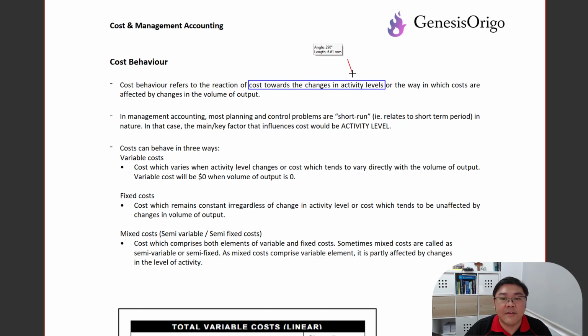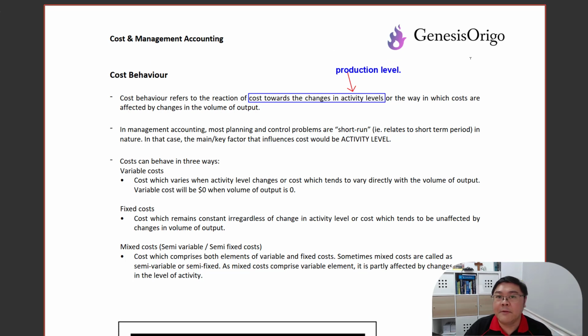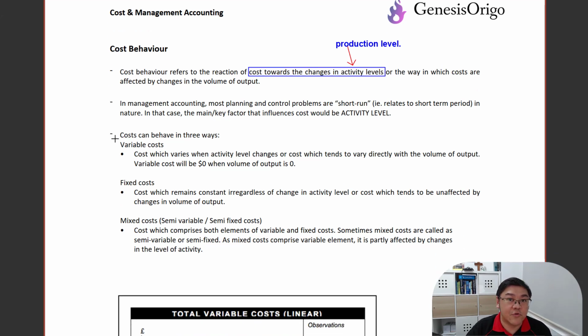You can try to understand that activity level is like production level. So we are basically asking what will happen to the cost when you increase your production, and what will happen to the cost when you reduce the production. The way that the cost reacts to the change in the production level is what we mean by cost behavior. So generally, we would say that costs could behave in two ways.